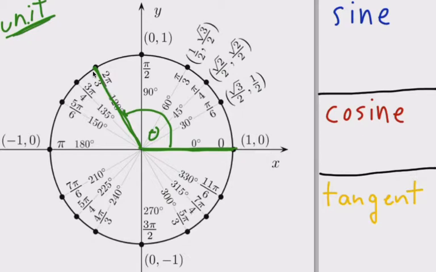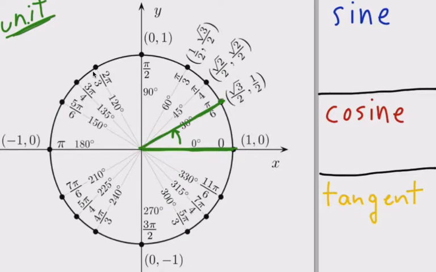So given some angle, the way we find the sine of it is we look at the end coordinates. Let me choose a different angle to start off with here. Let's look at a 30-degree angle. So I measure up to there. There's 30 degrees.